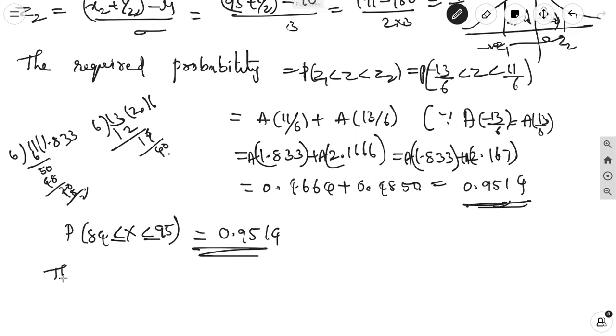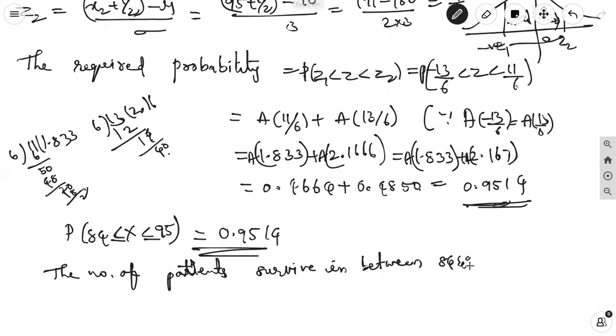And the number of patients who survive between 84 to 95 is equal to 0.9514 into 100, which is equal to 95.